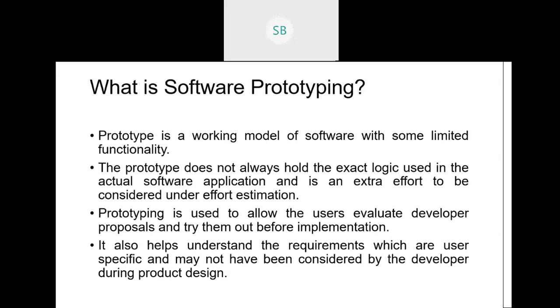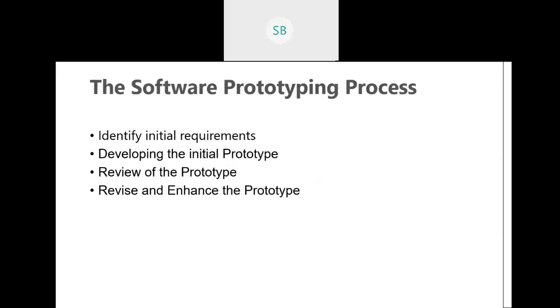If the user is satisfied, saying I want this kind of system, then the developer keeps on working on it, adds functionalities and features, and again gets a review. Based on that, the developer has a better understanding of the product now.